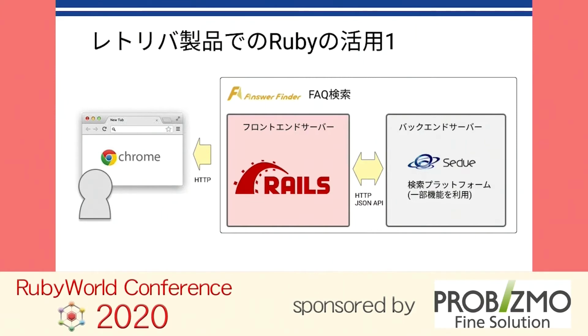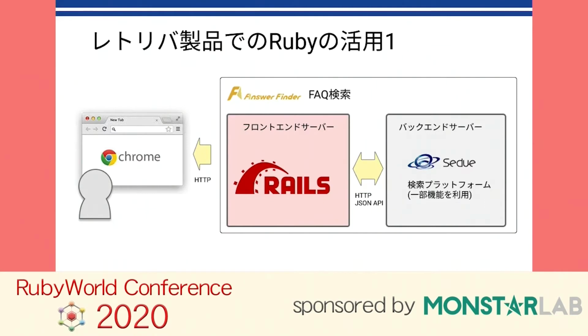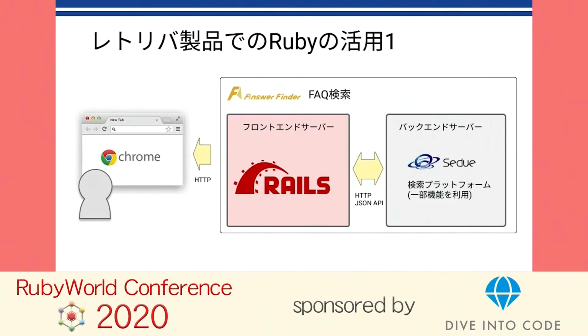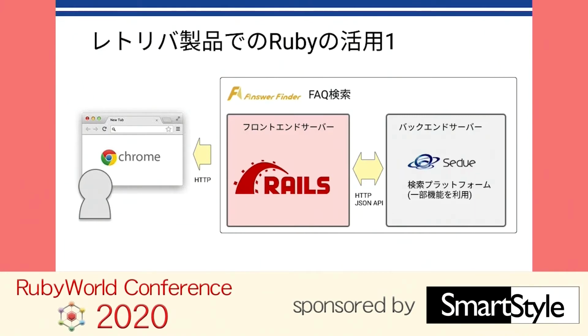And in the backend server, obviously, another Retriever product is used. Therefore, as an existing product, we already have functions, but these are used for a new solution. And depending upon the users' use case, we use Ruby on Rails for the user interface, and the functions are provided depending upon the users' needs.